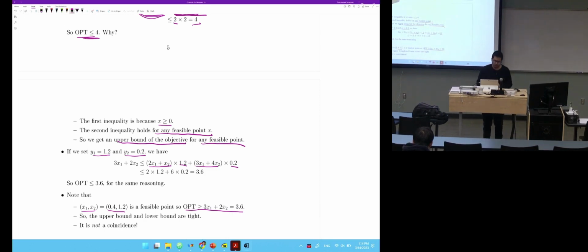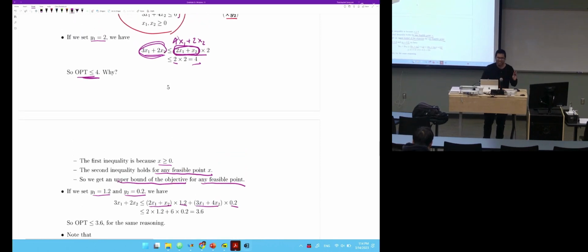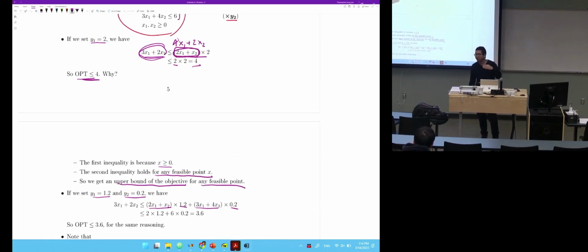But before we go there, you see that there is a way to give an upper bound of opt. That is, as long as you can find a linear combination of constraints that dominates the objective, that will give you an upper bound.